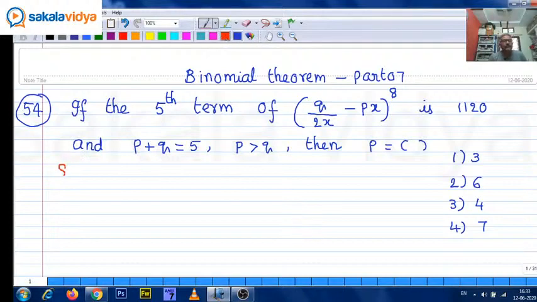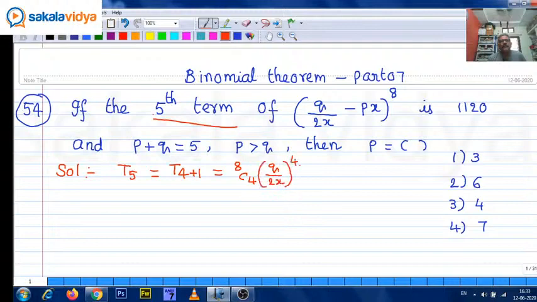Solution. First, let us find the fifth term of this expansion. Fifth term means we need to find T5. T5 equals T4 plus 1, which equals 8C4 times (q/2x) to the power of 8 minus 4, that is 4, times (−px) to the power of 4.